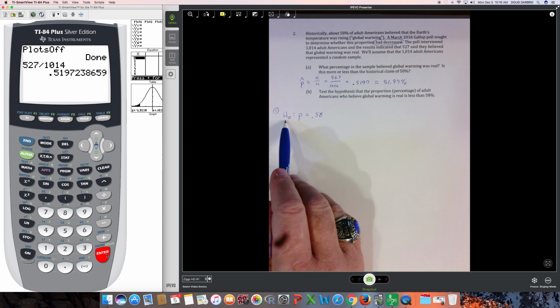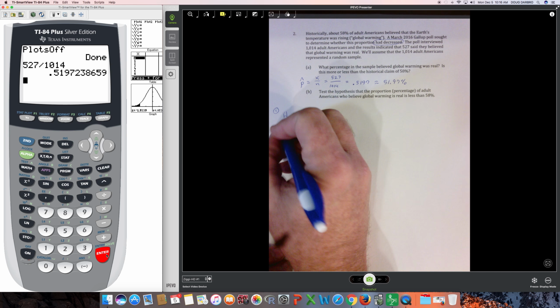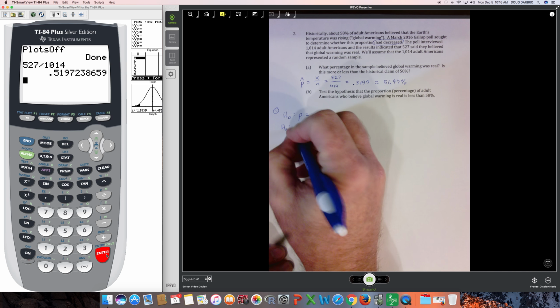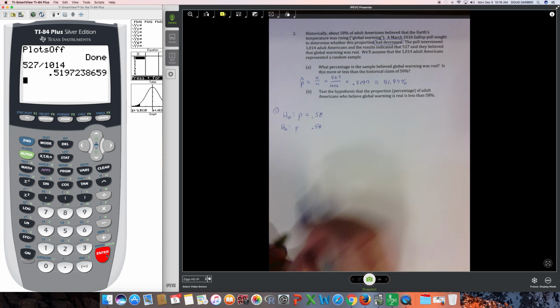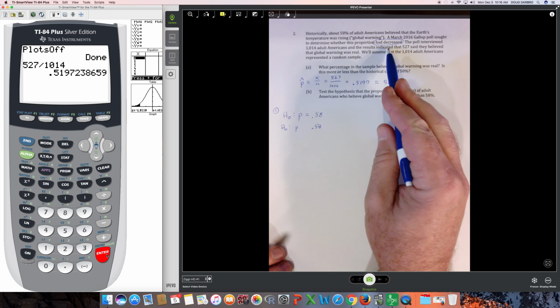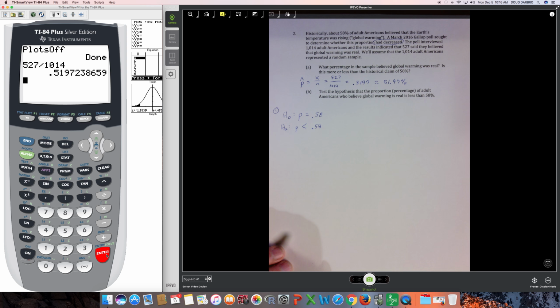I don't need a test of hypothesis to test that my sample is 51.97%. I know it is. I just collected it. It's right in front of me. So H sub A, same letter, same number. Go back to your problem and find the direction. Decreased means I'm going to test less than.